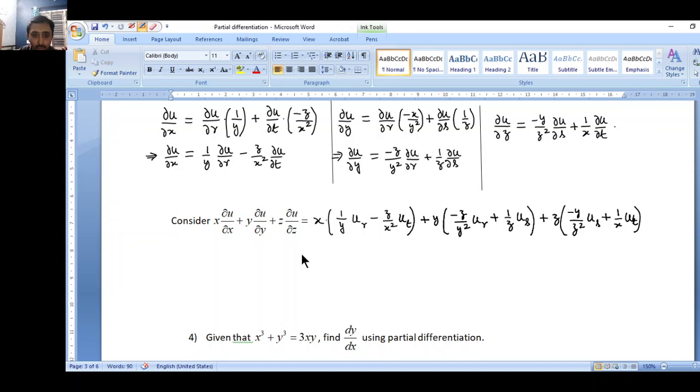Okay, so this is equal to, what do we have here? The first term will now be, when I multiply x inside, x by y ur minus, now the second term has x square in the denominator. When we multiply x, this will be minus z by x alone. So minus z by x ut. Right? Now similarly, the next term will be minus z by y ur.